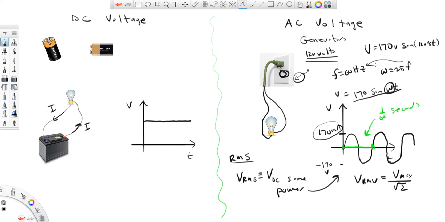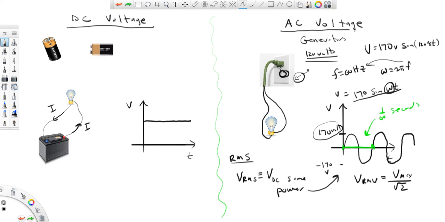So let me just go over the big ticket things again. DC voltage stands for direct current. Here's an example of a DC voltage running a battery, or running a light bulb. And the big deal is that the voltage and the current stay constant in direction. So a voltage graph would look basically something like this.